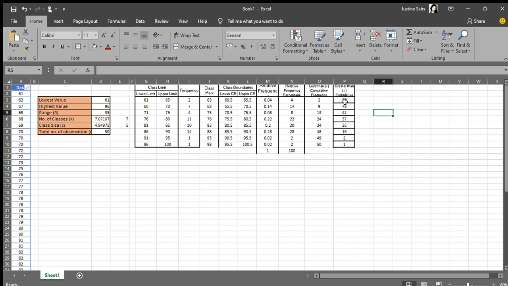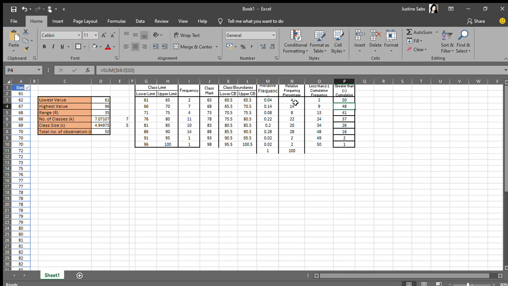Here, your clue is to start with the total number of observations. Then we subtract the specific frequency to determine the next greater than cumulative frequency. For example, the total observation is 50. Subtract the first class frequency of 2, we have 48, which goes in the second greater than cumulative frequency.